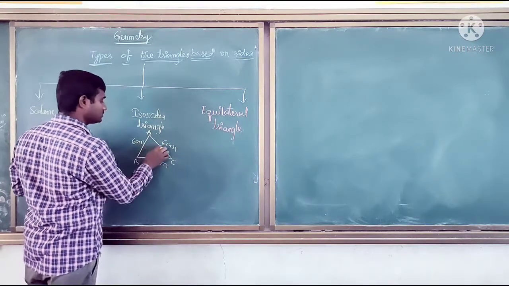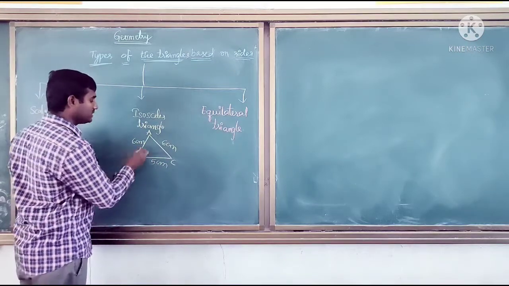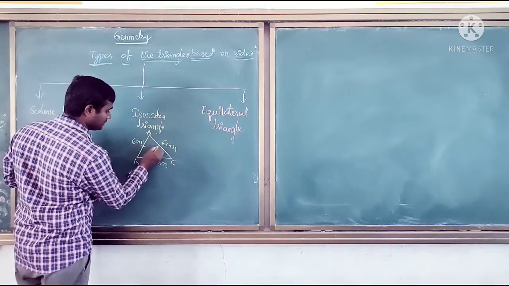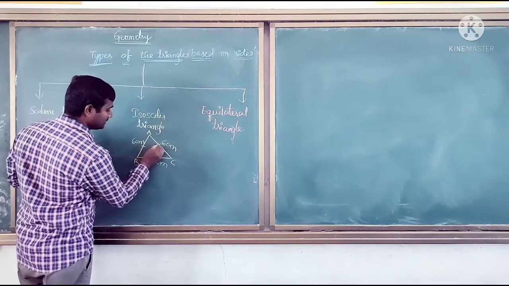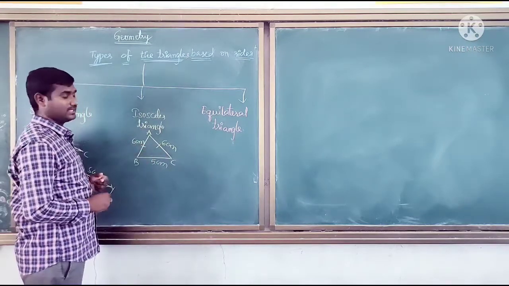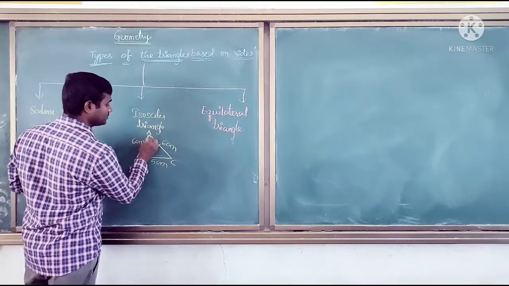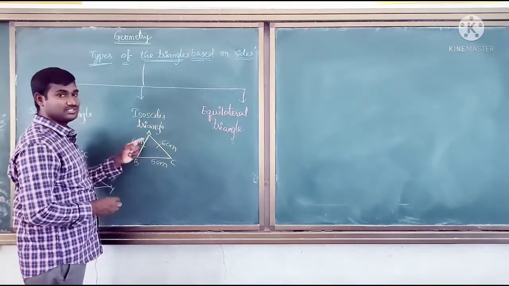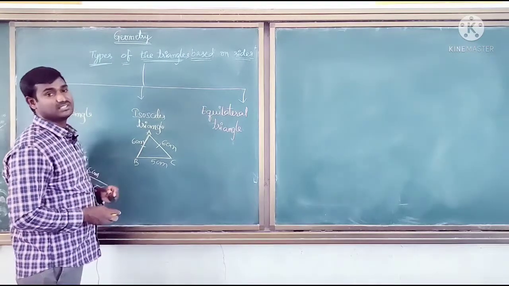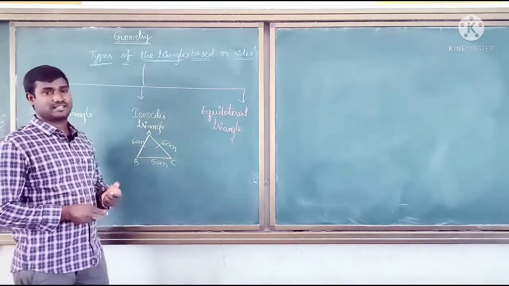Here these two sides are equal, and I am marking equal sides with this symbol. In triangle ABC, AB is equal to AC, so we can call it an isosceles triangle.